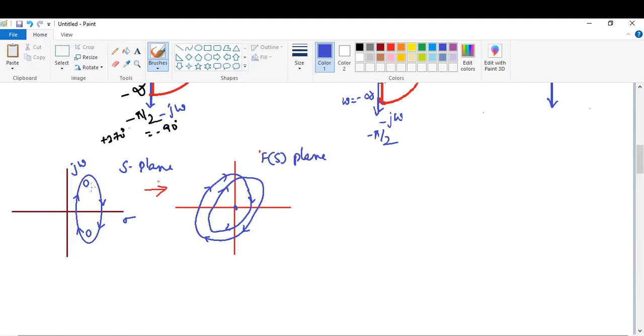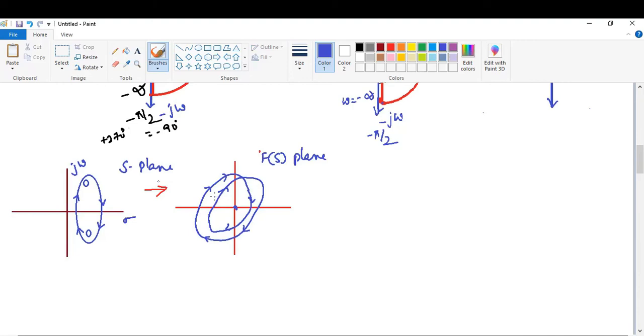Suppose there are poles. If the poles are located in the right half of the S plane, the Nyquist contour enclosing those poles is directed in anti-clockwise direction, so the corresponding encirclement of the origin will also be in anti-clockwise direction. Got it or not?